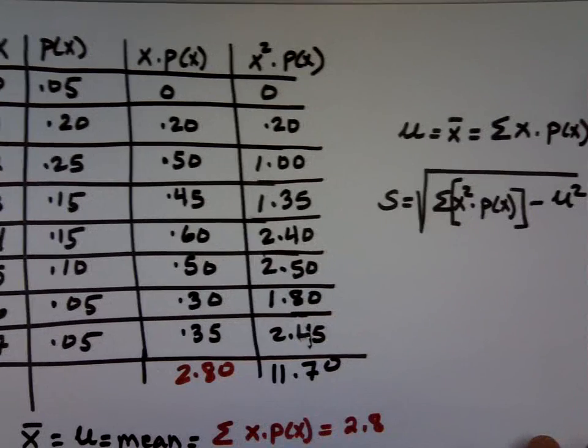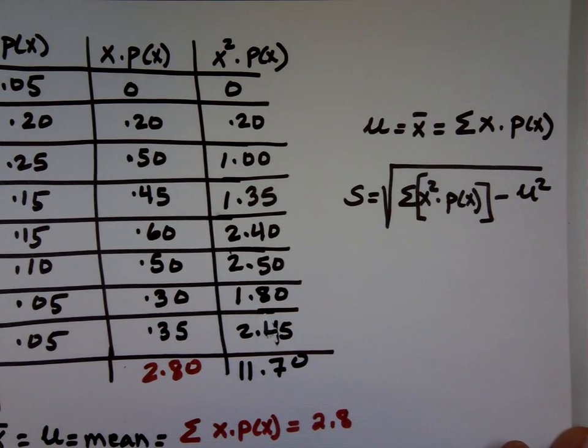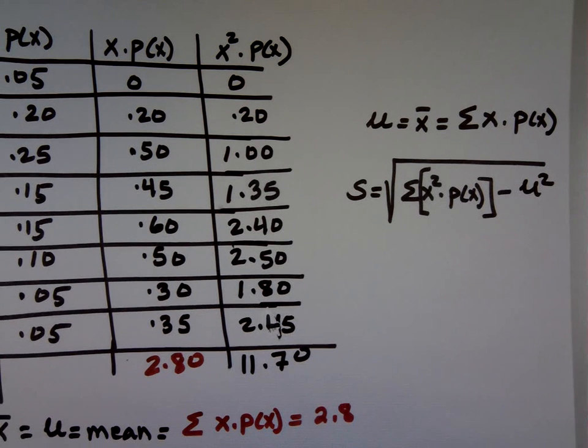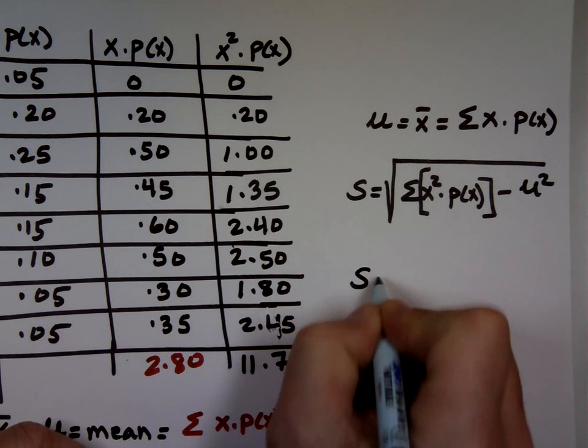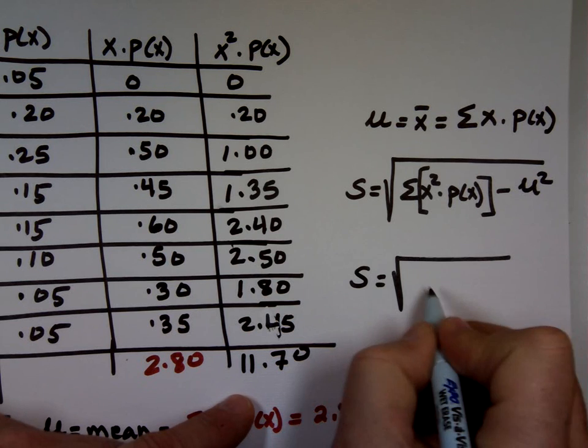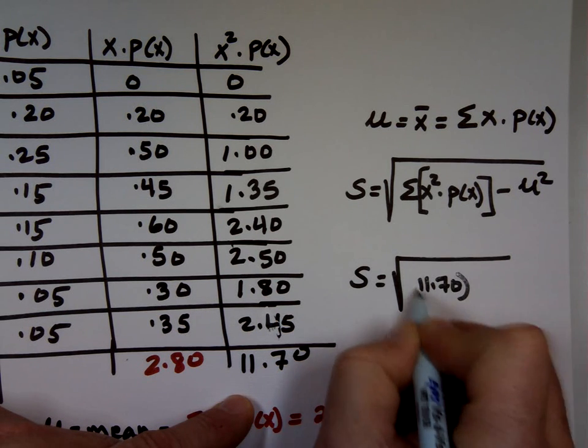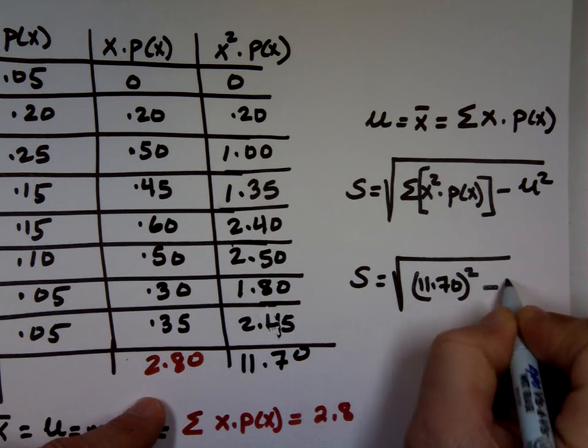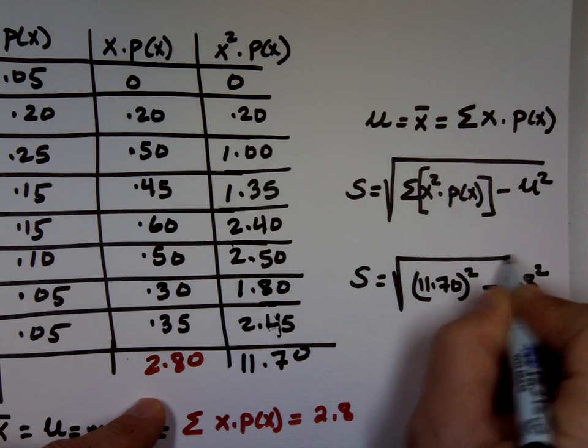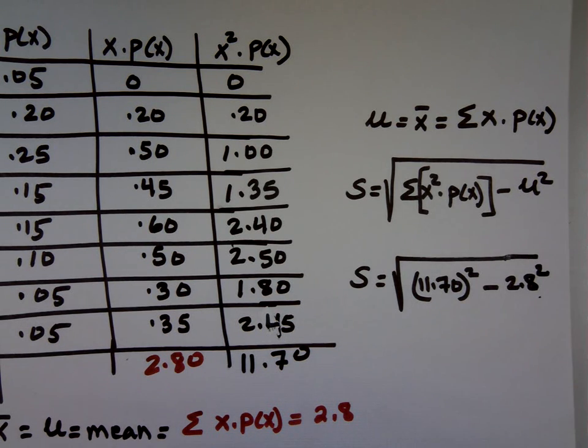So I'll come back to this equation. What is my standard deviation? It's going to be 11.70 minus 2.8 squared. I think the x times P of x column total is 2.90. Yeah, 2.90?